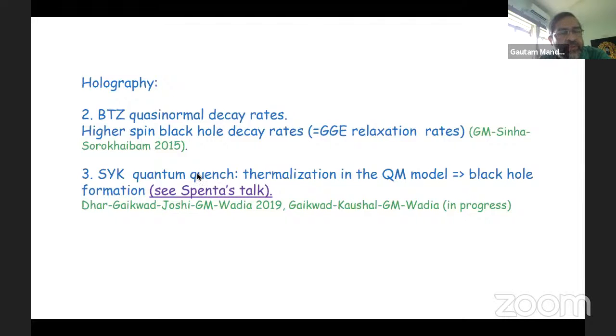Then of course more recently we have been working on another model, a simple model of holography where you can again work with the quantum mechanical system as well as the gravity dual with a great deal of simplicity and insight. And this is something that Spenta will talk about after my talk.